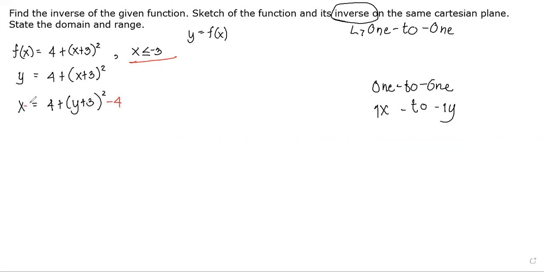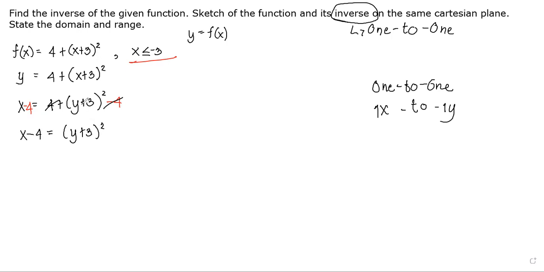Diba? Parang transposition lang kasi itong part na APE eh. Yung APE. Pero ayun yung mas proper na term, APE, addition property of equality. Kasi yung transposition, parang ano lang siya, layman's term maybe. Pwede, we can say. So, ayan, x minus 4 equals y plus 3 squared.